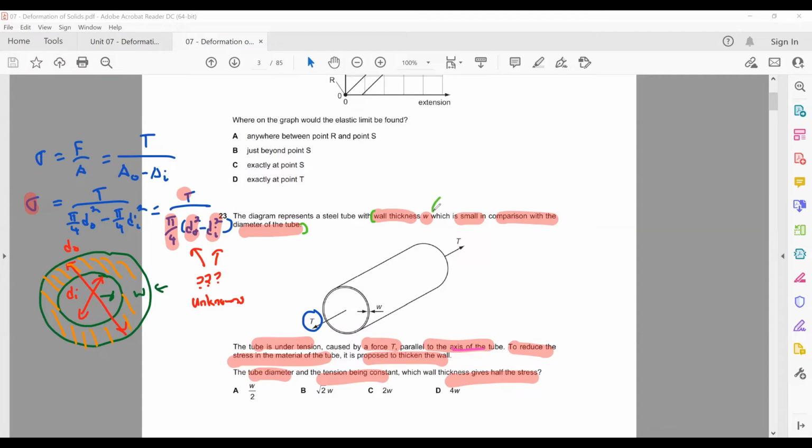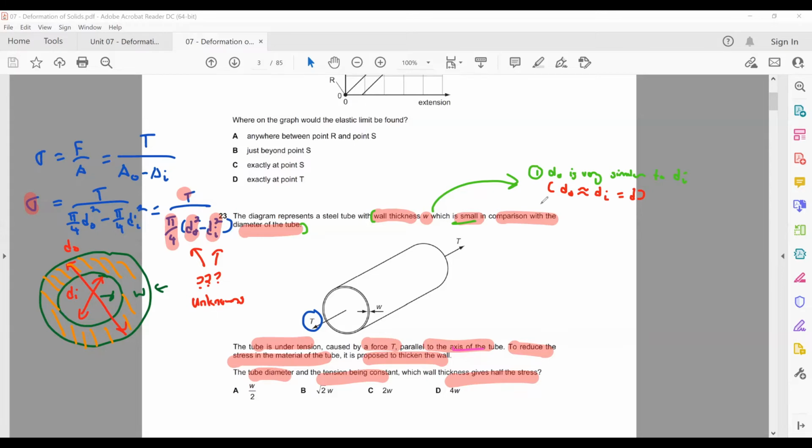What this means is, number one, because the wall thickness is very small, the outer diameter D is very similar to the inner diameter, which in turn tells you D naught is almost equal to Di. You can just equate it to D.